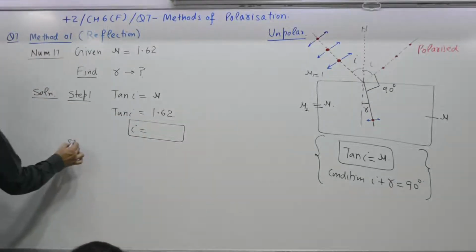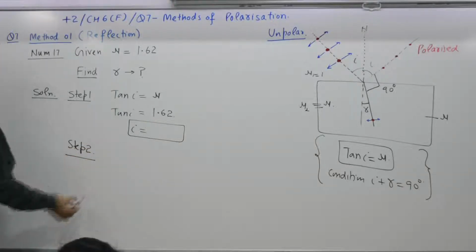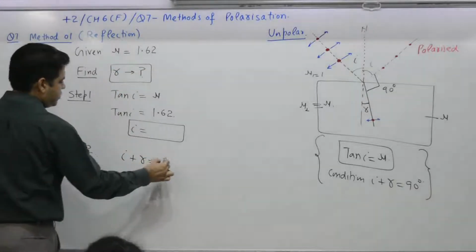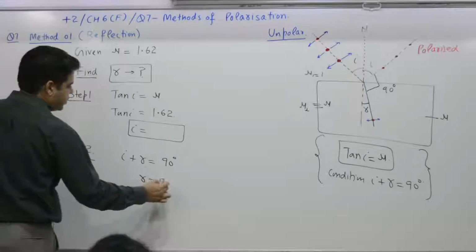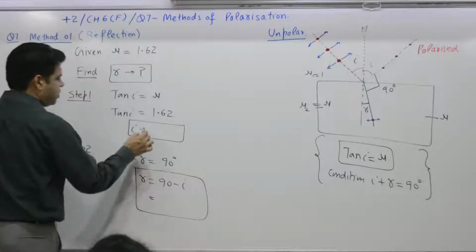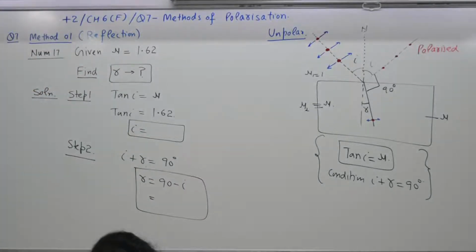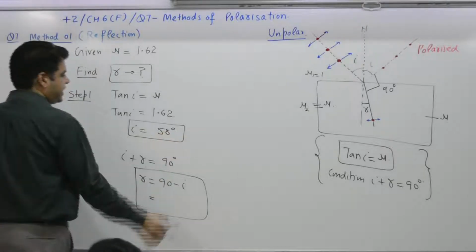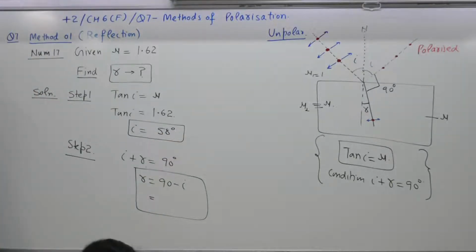This is step 1. Step 2. If I is known, you want to find out what? R. I plus R is equal to what? 90 degree. R is equal to what? 90 minus I. That means, if you know the value of I, if tangent I is equal to 1.62, we need to find from the table approximate I. Tangent 60 is root 3, 1.7.